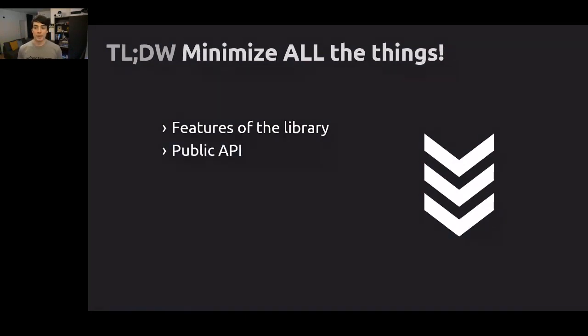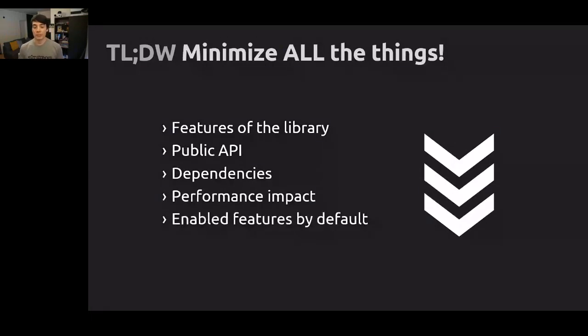And you should minimize your public API, your dependencies, the impact you have on the application, whatever features you're enabling by default, and also the requirements that you set for applications that include your library. We're going to go into most of these things and a lot more in detail. This is just the very brief summary of what we're going to cover.